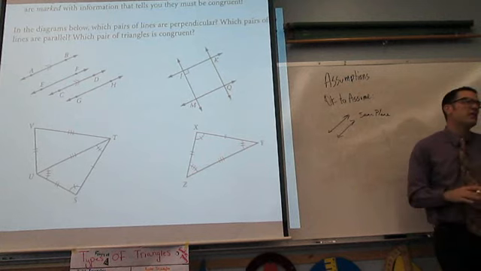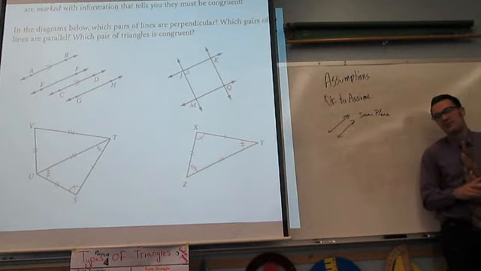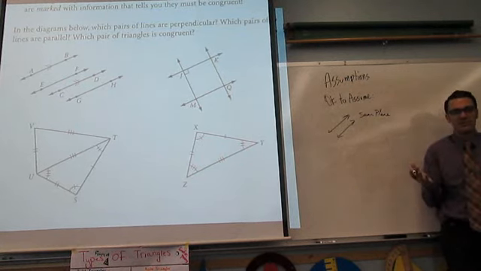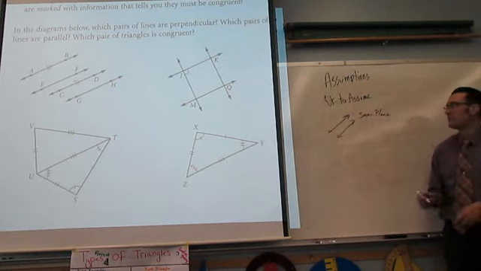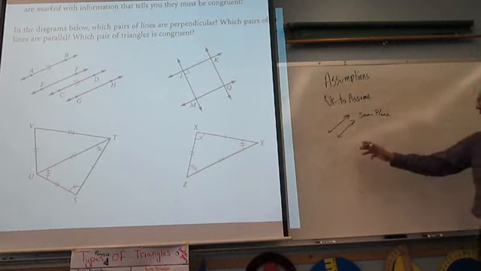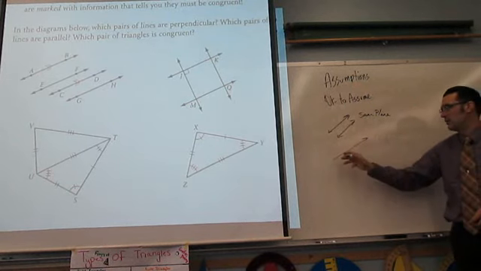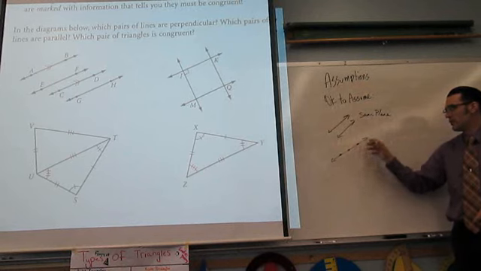Usually they won't tell you that the lines are in the same plane. So if you open your textbook and you see it as a homework question, you can just assume they're in the same plane.